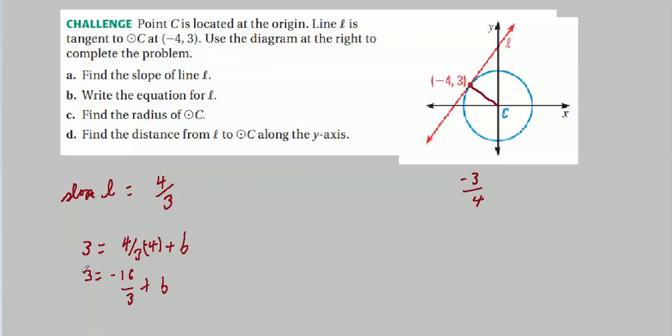So if I add 16 over 3 to 9 over 3, I think I would get 25 over 3. So over here, I just get b equals 25 over 3. That makes a lot more sense. So what we get for an equation is that y equals 4/3 x, that's the slope, we already know that part, and b turned out to be 25 over 3.